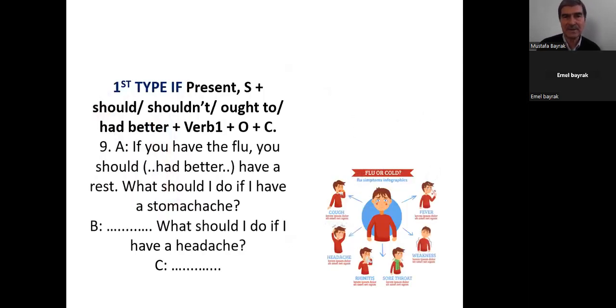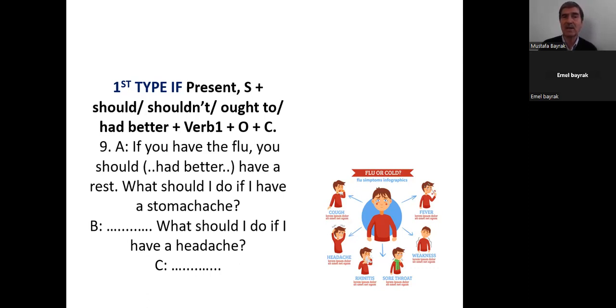First type again in present, but this time should, shouldn't, ought to, had better. Had better means 99% should. If you have the flu, you should have a rest, or you had better have a rest. Should is modal, had better is modal phrase.